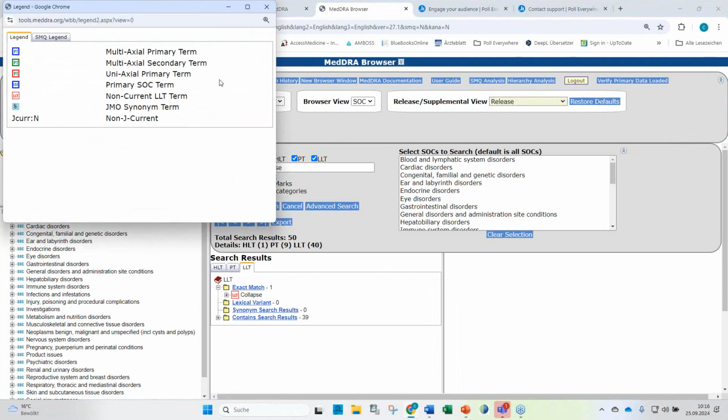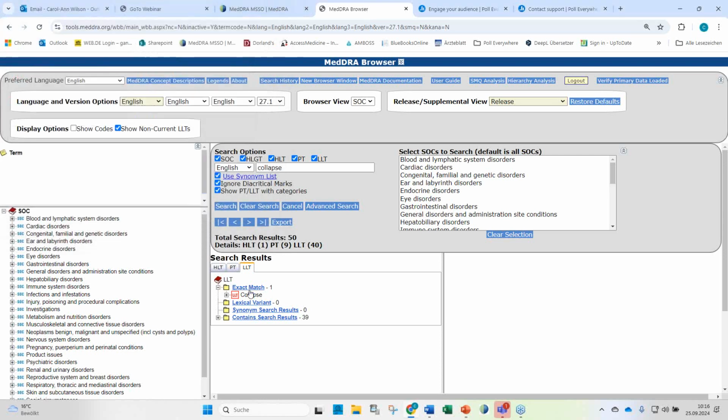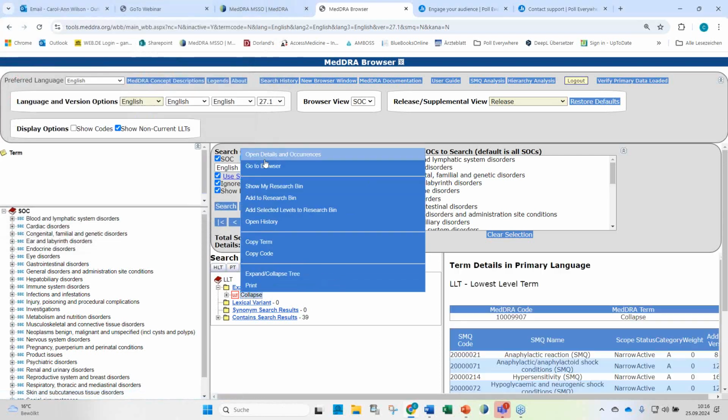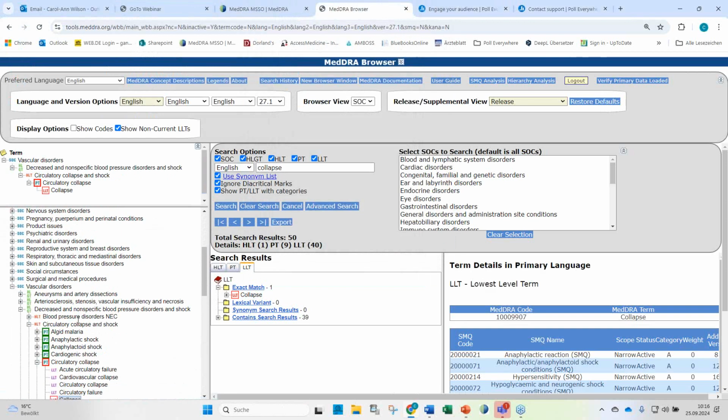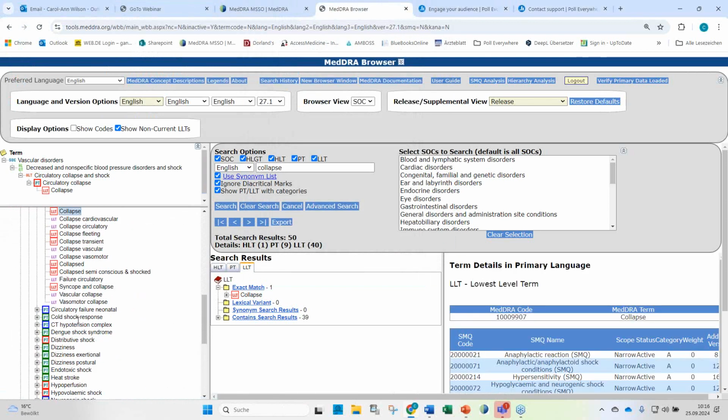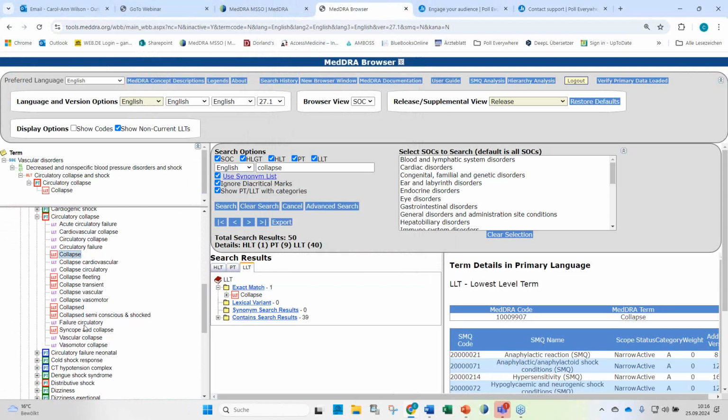If you look at the legends, you see that red lettering and the red circle around an LLT indicates a non-current term. So if I do a right mouse click and go to the browser, we can see that this term is grouped under circulatory collapse.